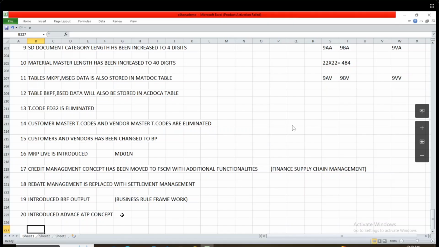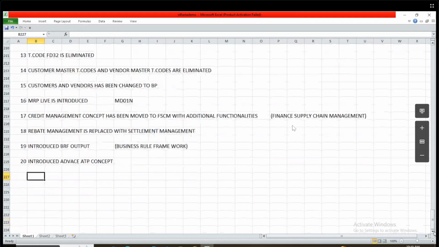Calculation type, base type, pricing requirement, group condition, all these come under the same category. If I increase one, it applies to all these four. So I mentioned them specifically, I divided all these. But the main purpose is they want to increase the length of the pricing formulas. So the same applies to group condition routine also because it is the same category. Okay. So these are the changes.